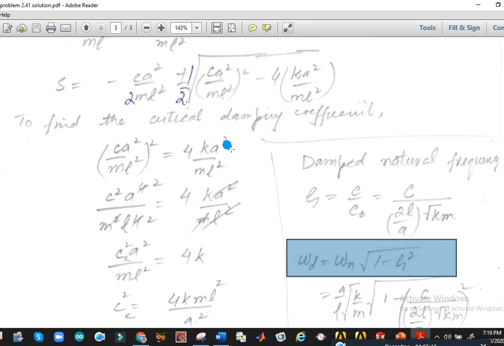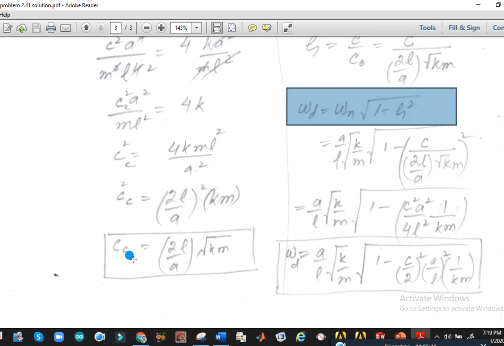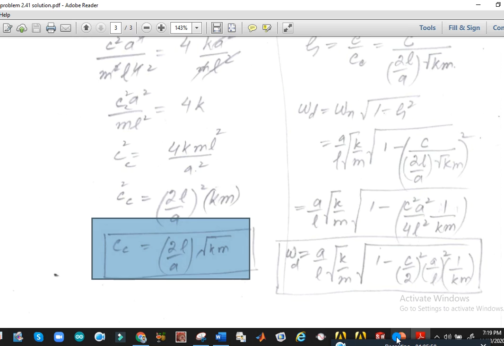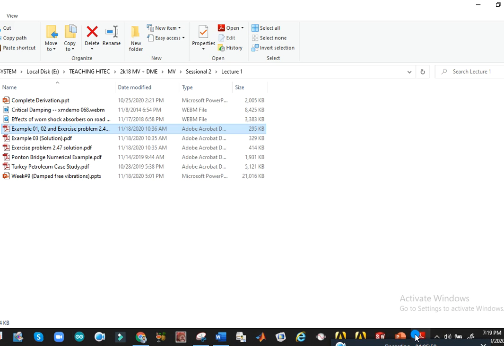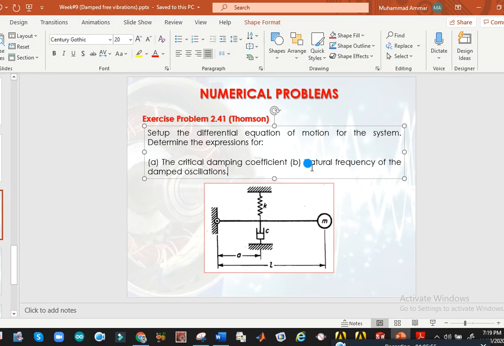We have already found the value of the critical damping coefficient here, that was Cc equal to this. But in the question we were asked to find the natural frequency of the damped oscillations. Here it is written, damped oscillation. The critical damping coefficient was obtained for the expression when it is critically damped. When this bridge is critically damped, then what will happen?